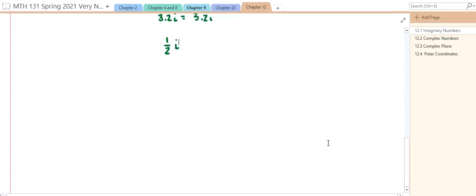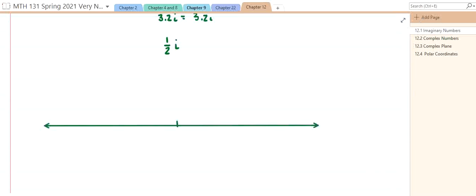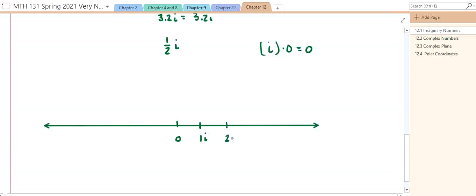So we could set all these up in a number line where we also have a 0 value, because i times 0 is still 0. It follows that rule. But now we have in our number line 1i, 2i, 3i, and so on and so forth, out to infinity.